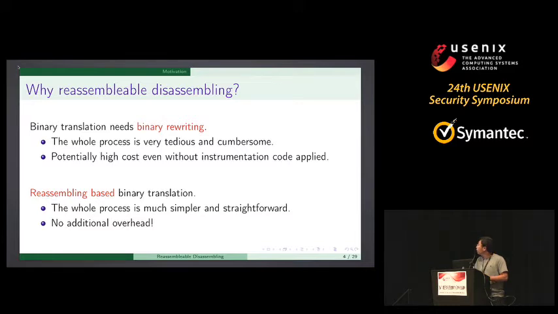Because the binary translation has to work on some unreassemblable disassembled output, they have to rely on some binary rewriting technique to rewrite the input binary in a way that is easy for some instrumentation code to be attached. So the instrumentation code, together with the rewritten output, will be reconstructed back into some workable program. We emphasize the whole process could be very difficult and complicated.